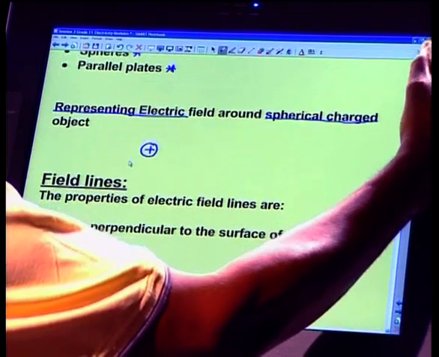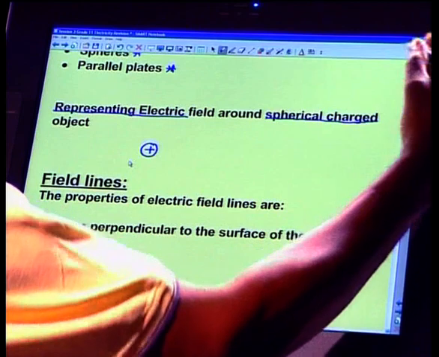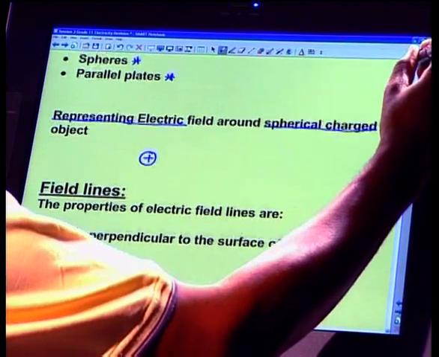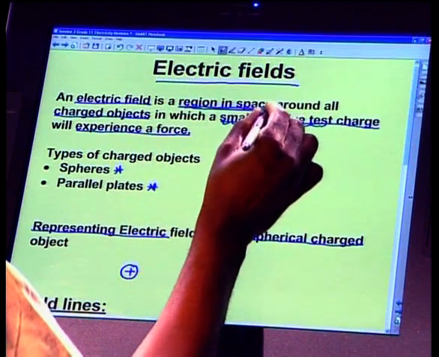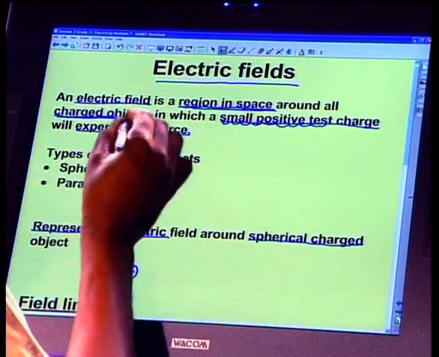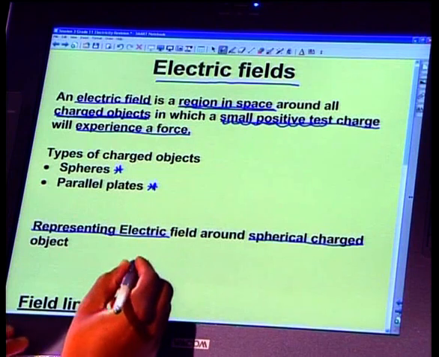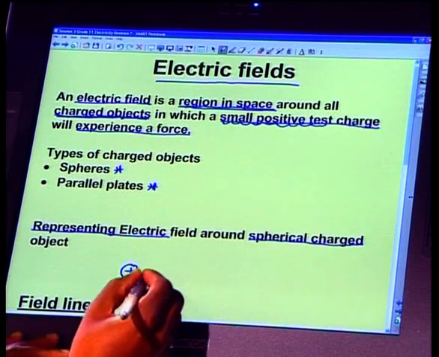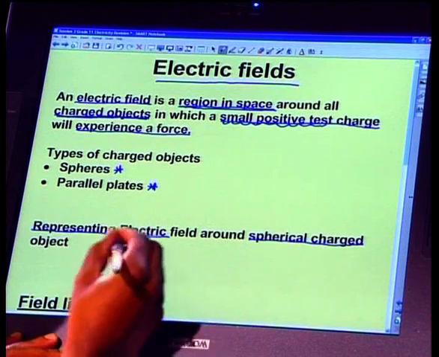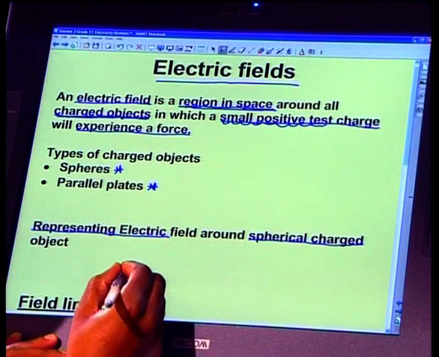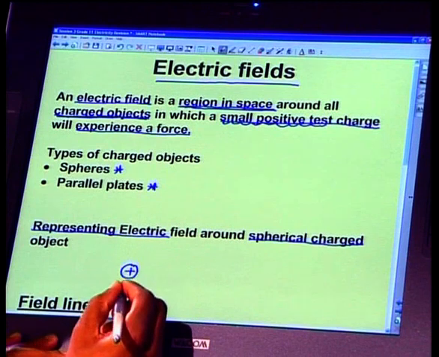Remember, we are saying that an electric field is a region in space around a charged object. So if this is my object that is charged, this region around it here would be my electric field due to that particular charged object.